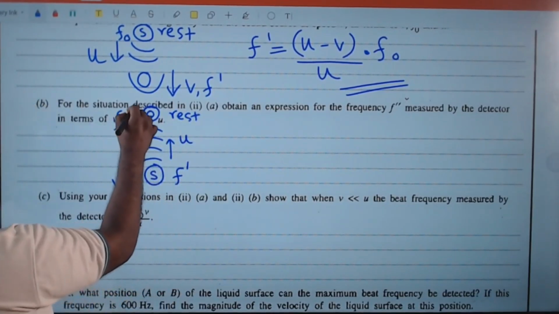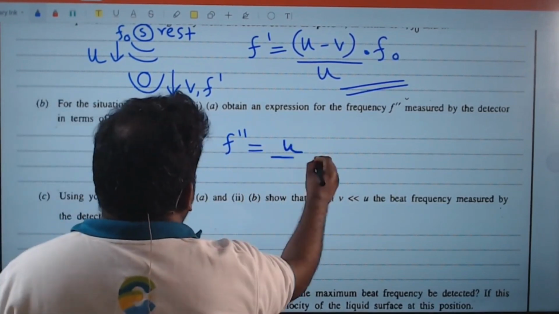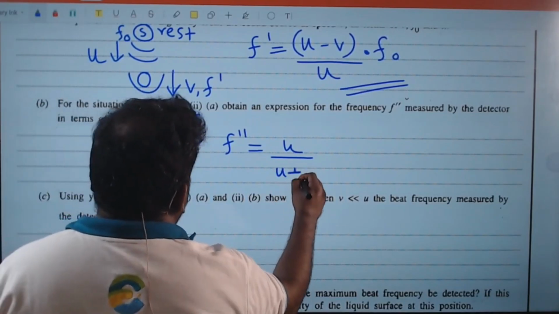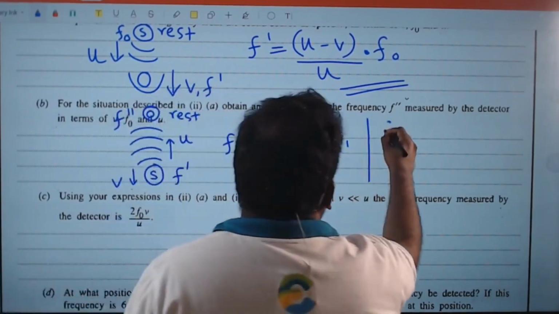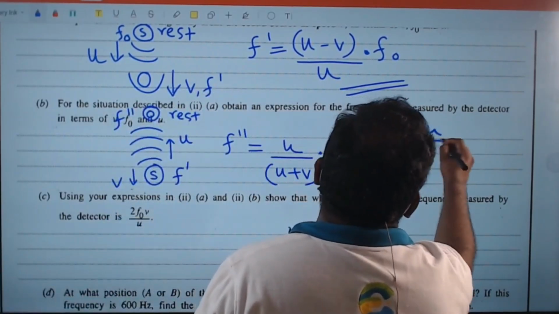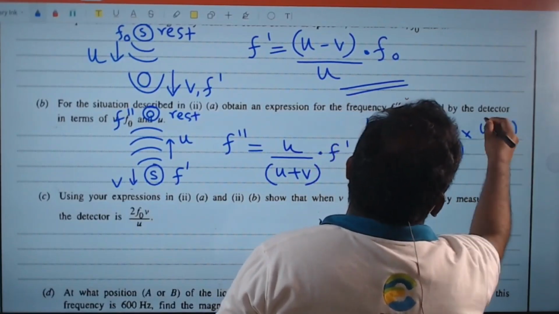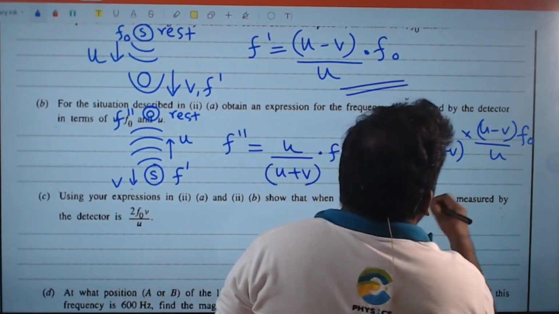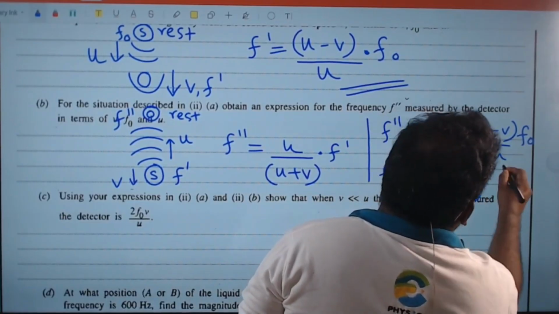For f double dash, velocity of sound with respect to observer over velocity of sound with respect to source, into frequency f dash. So f double dash is u over u plus v times f dash. What is f dash? u minus v divided by u times f naught. So f double dash is u minus v divided by u plus v, times f naught.